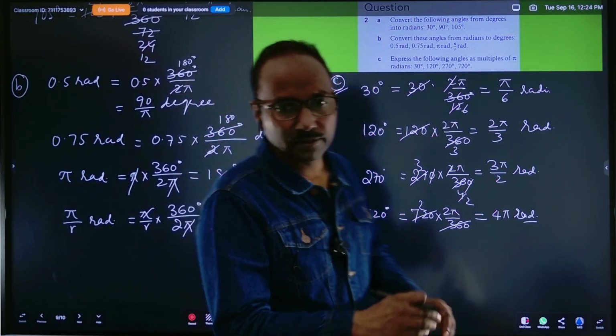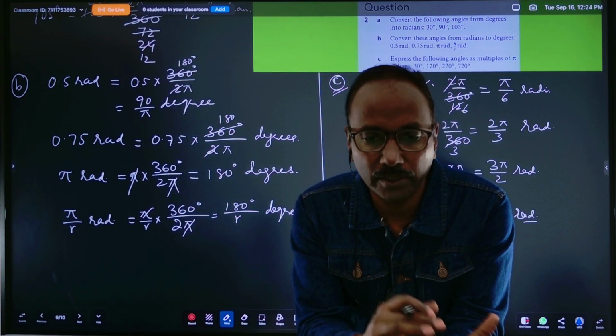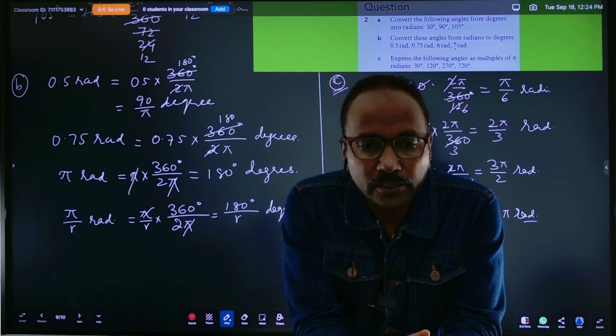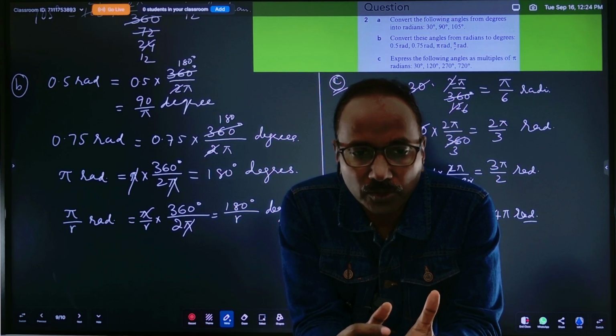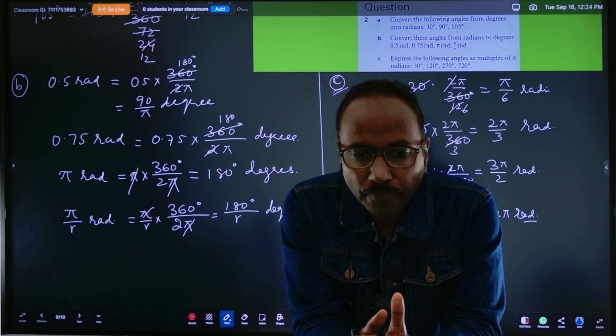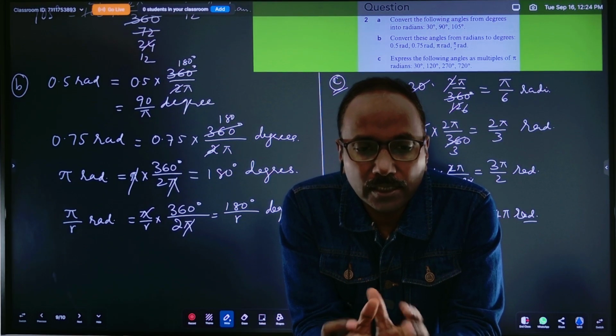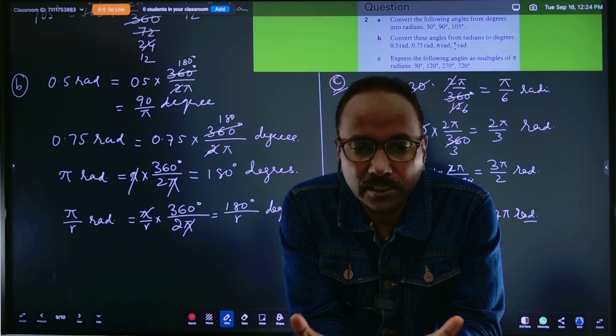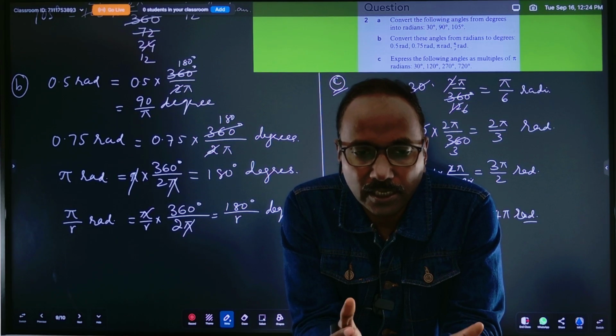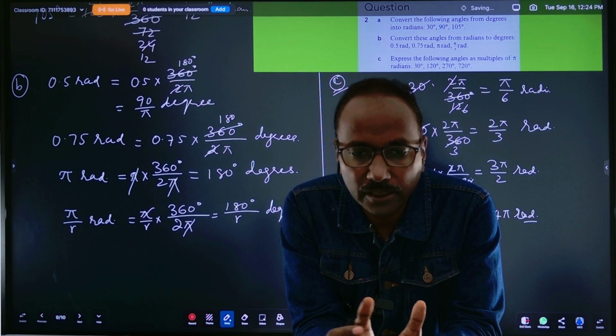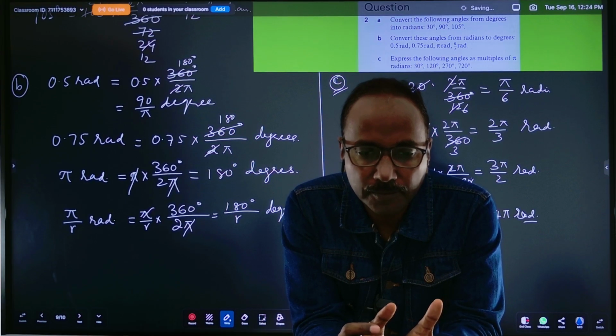This question had been given just to get a feel of how you can change radian to degrees and degrees to radian. But the main thing is that you should know the concept, what is radian and what is degree and how they are different from each other. Both are angles.